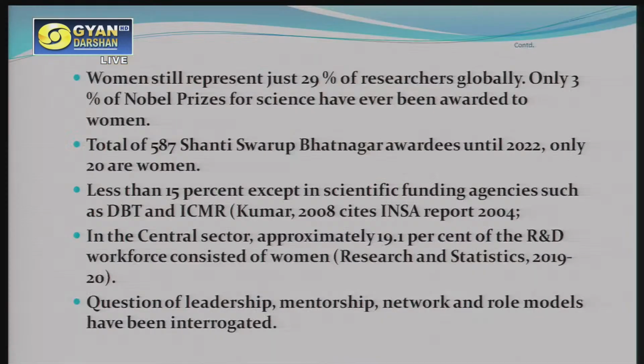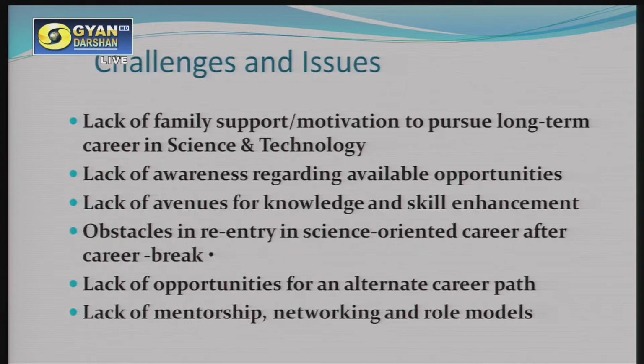But at the same time, the question of leadership comes in: how many women scientists are heading scientific organizations and institutions as leaders? Not only leadership but also mentorship networks, and how to look at women scientists as role models, which this course also speaks about in detail.